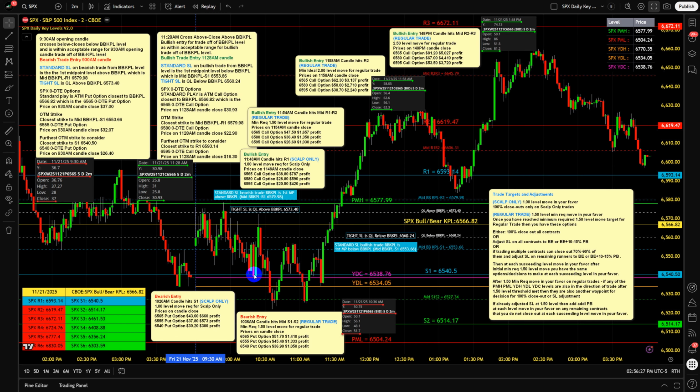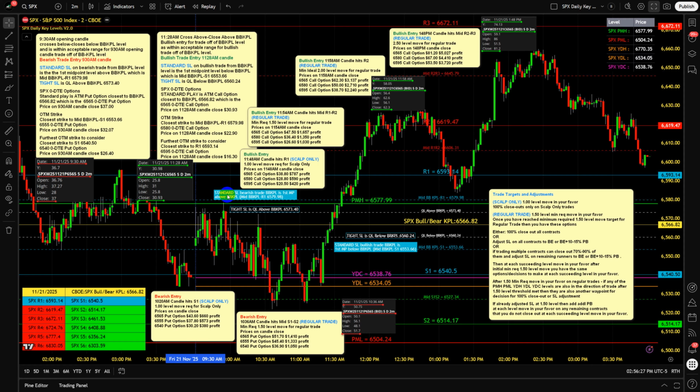So the one level move in your favor occurs here on the 10:20 a.m. candle. As you can see on these candles here, if you took the tight stop loss, then you were stopped out. By using the standard stop loss, you were not stopped out. As you can see here, this wick went up to the pre-market high, but never reached the standard stop loss level.